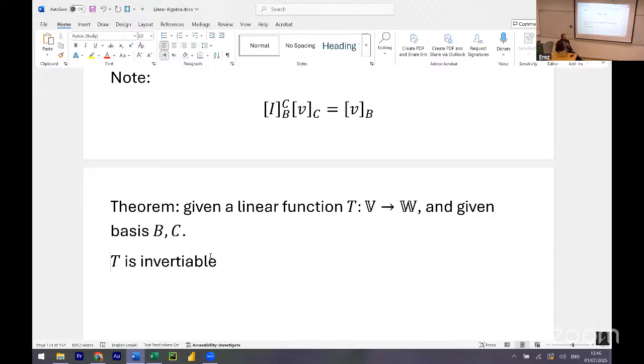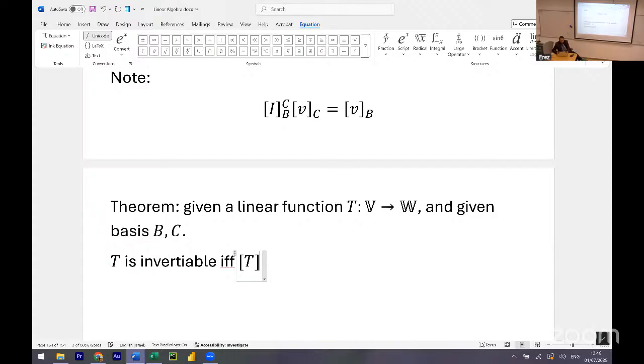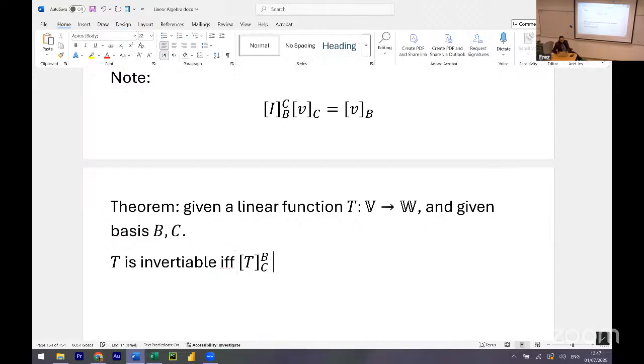So how do you think I will finish this sentence? I don't wish to go the discrete mathematics way. I wish to go the linear algebra way. T is invertible if and only if its matrix is invertible. That's all. If and only if the matrix of T from B to C, and it doesn't matter which bases you choose, is invertible.